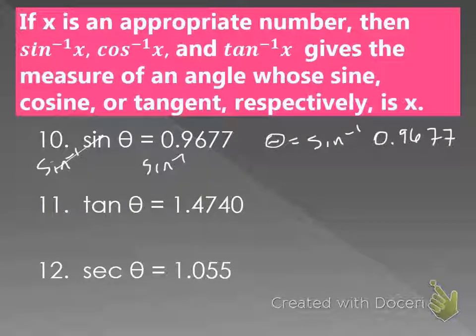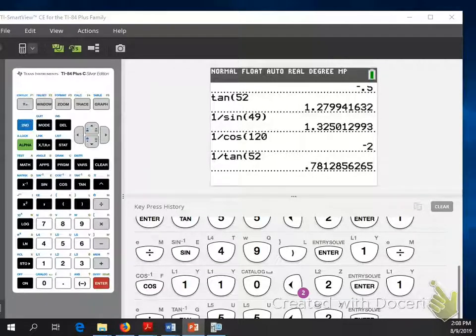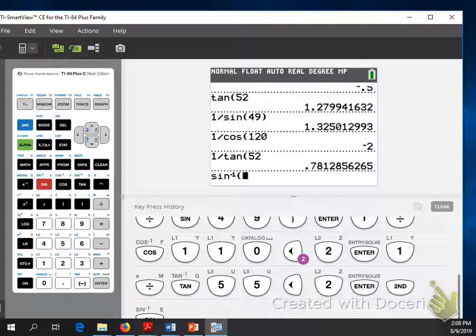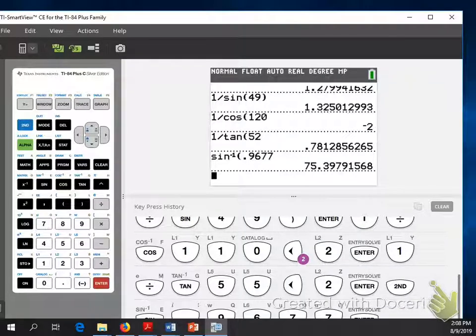So what that looks like is going to be this. Inverse of sine would be second sine of 0.9677, and hit enter.